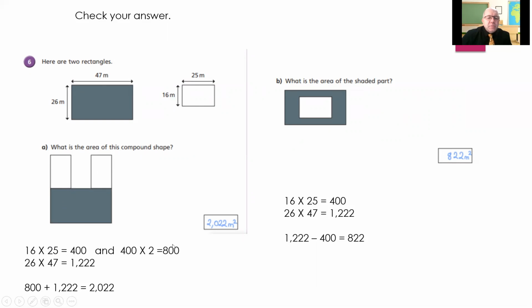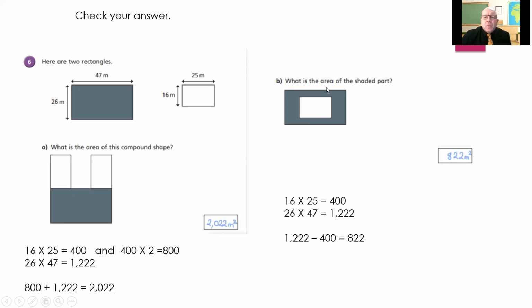So the 2 white shapes together would be 800 meters squared. And then the grey shape is 26 multiplied by 47, which is 1,222. So altogether, 800 plus 1,222 would be 2,022 meters squared. There's your answer.